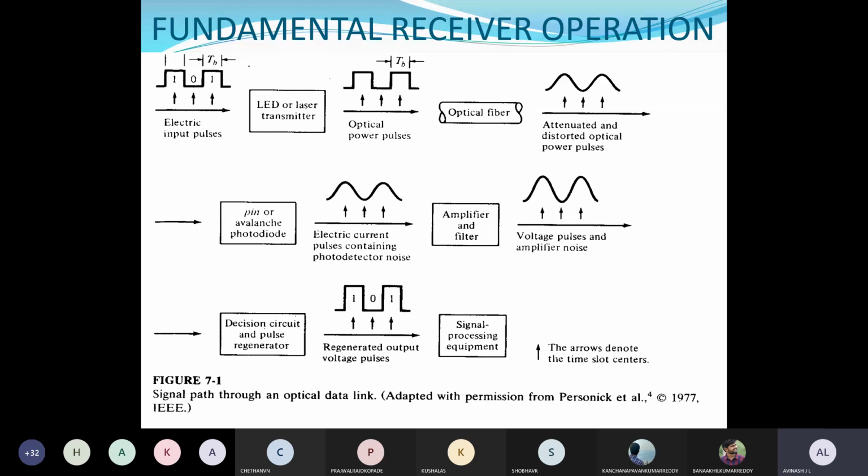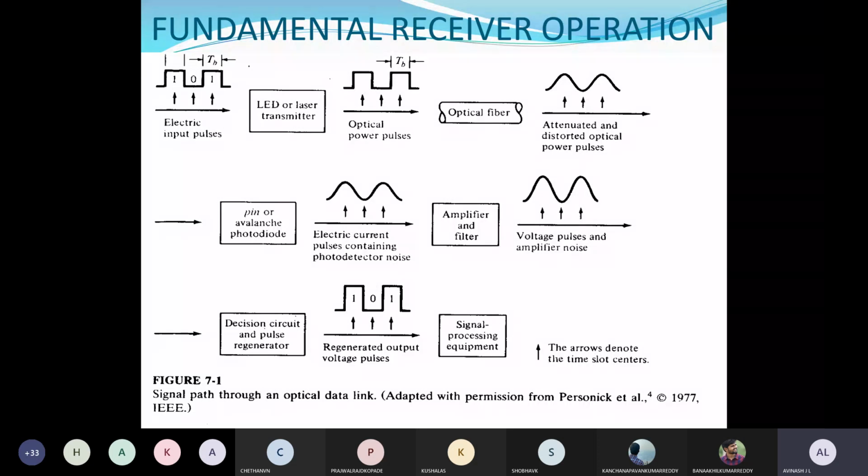So once we pass them to the amplifier and filter, the signal will get amplified. Obviously the amount of energy in the signal will get increased, the amplitude will be increased. So once the amplitude is increased, we can say that amplification is happening, and the voltage pulses will get amplified.